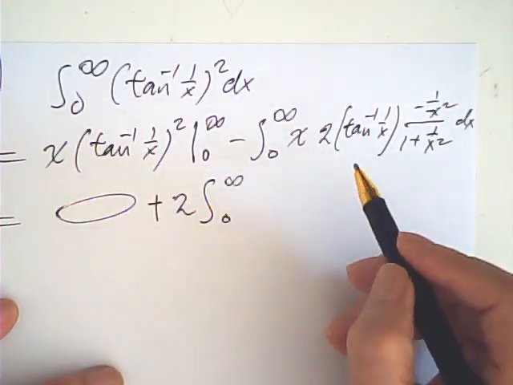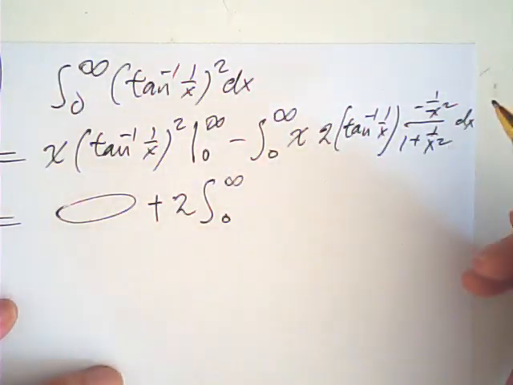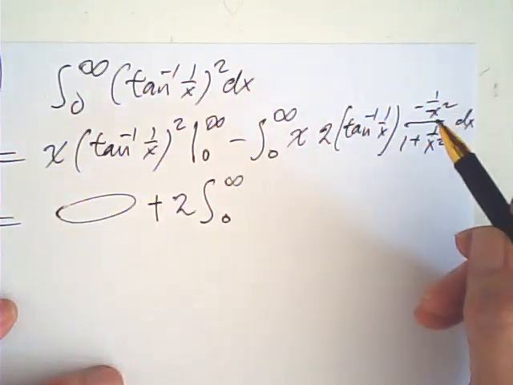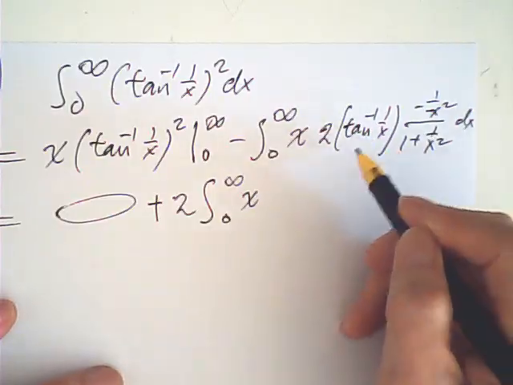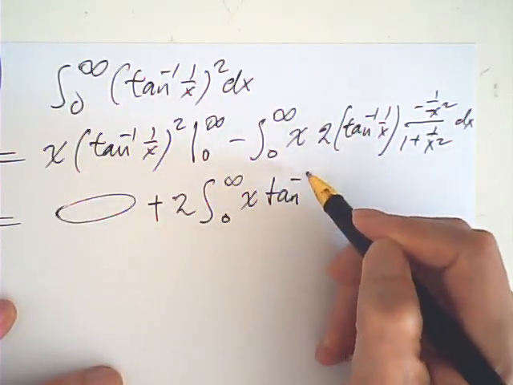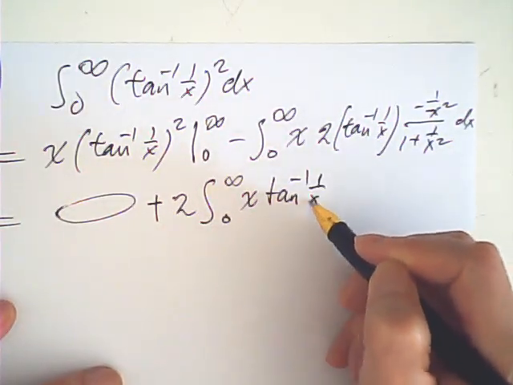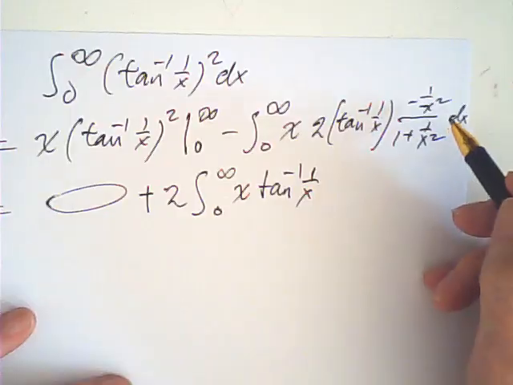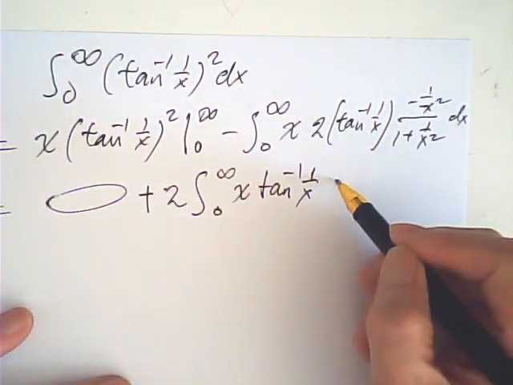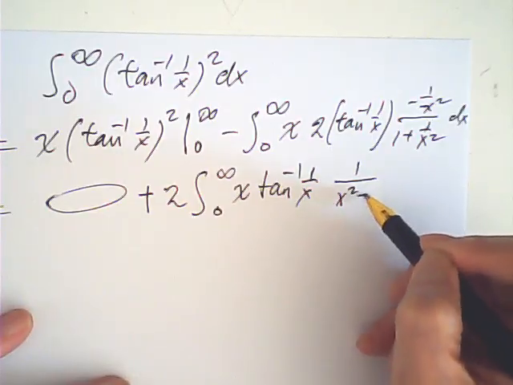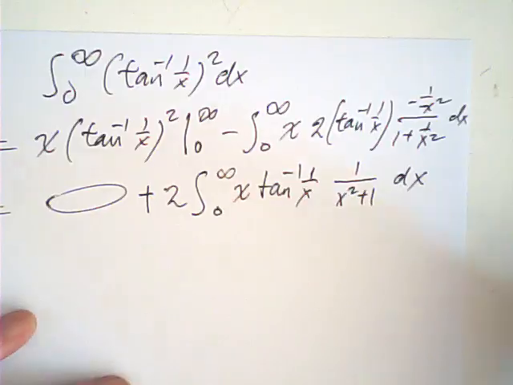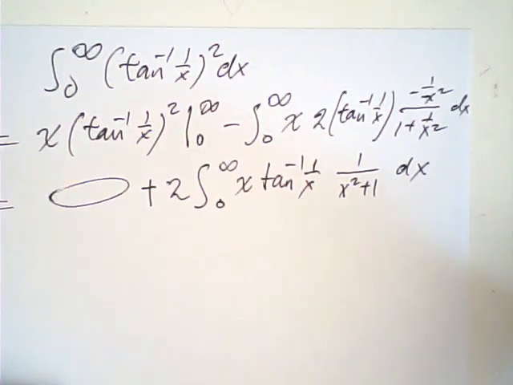And I write x first. This is arctangent 1 over x. For this, I multiply x squared on both top and bottom. This is 1, this is x squared plus 1 dx.